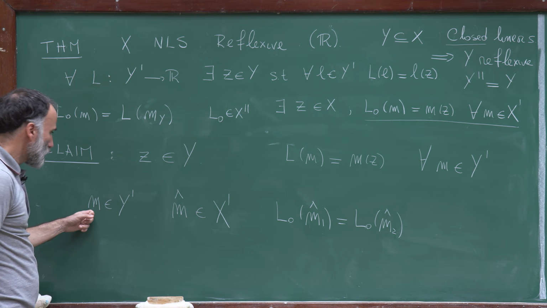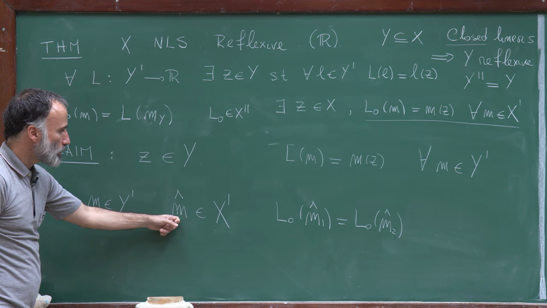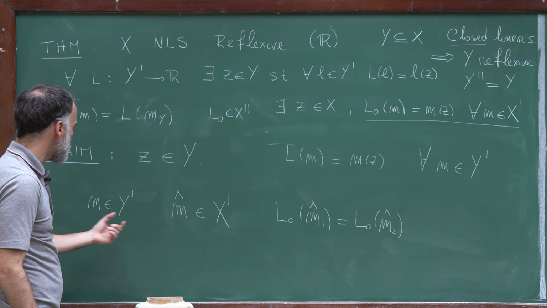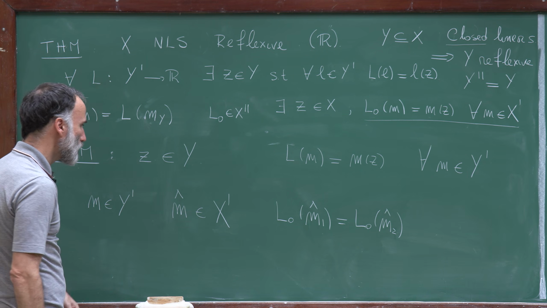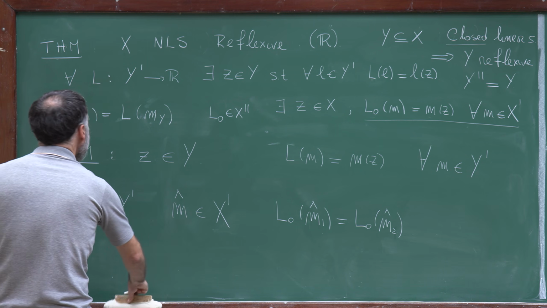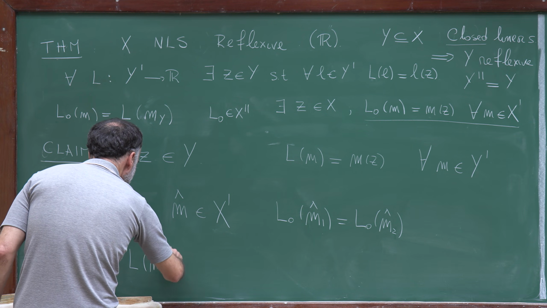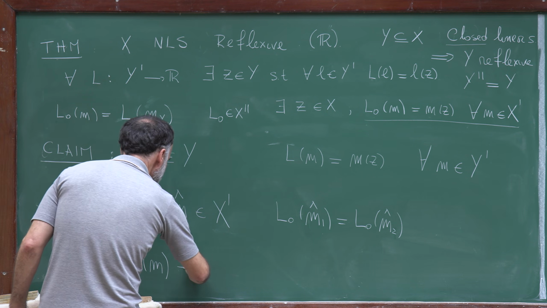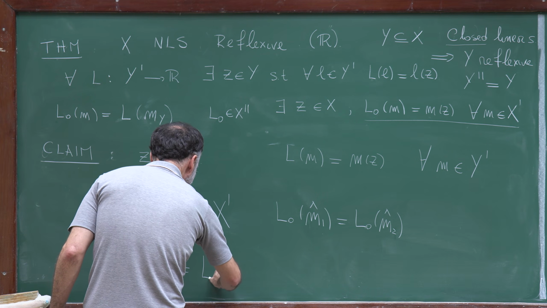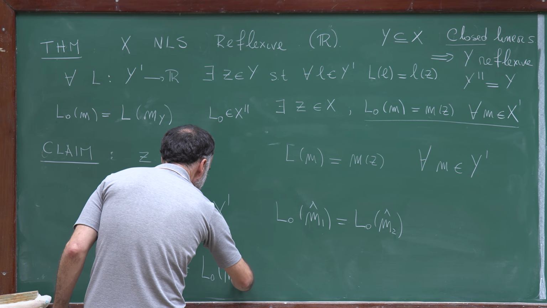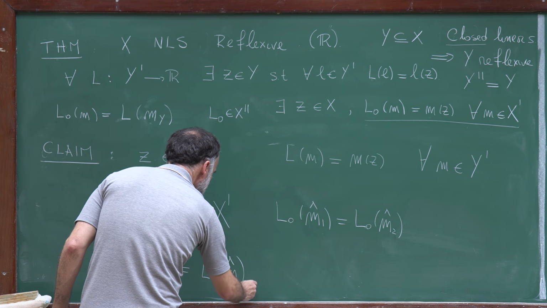So we started from M. We consider M hat, an extension of M to the whole space X. We have that L of M is equal to L0 of M hat, its extension, right?